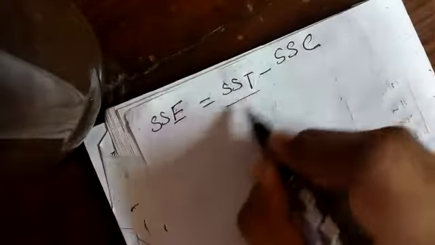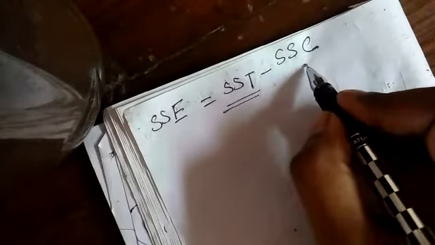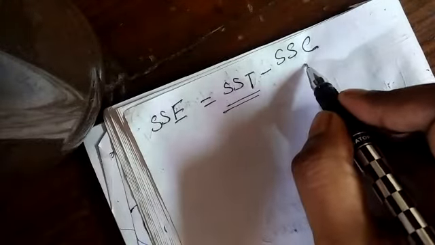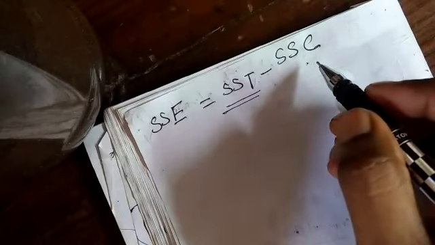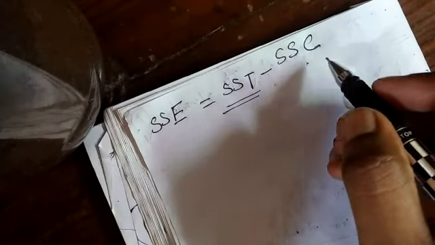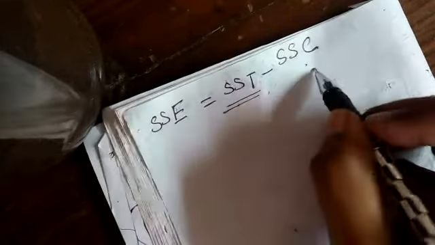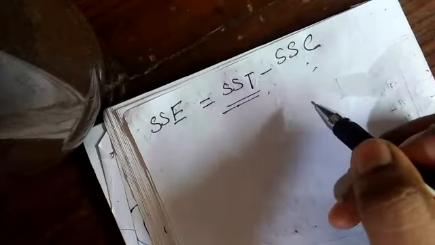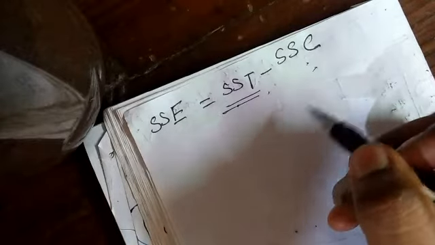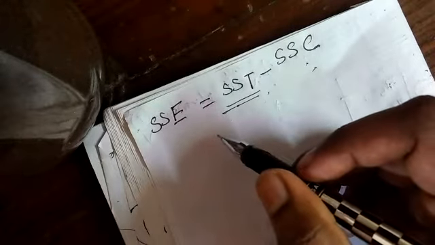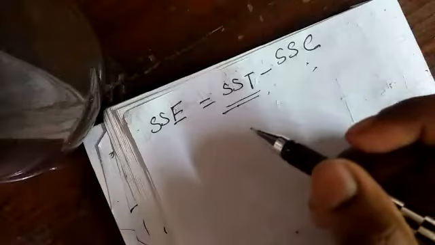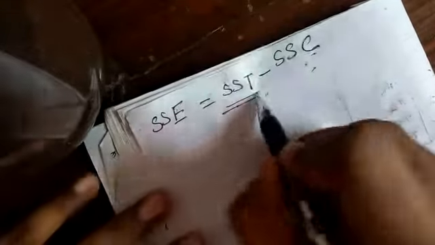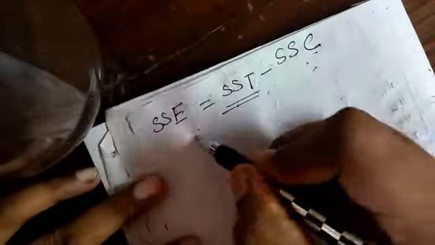You already found SST and SSC, so SST minus SSC is the SSE. So you got SSC, SST and SSE.